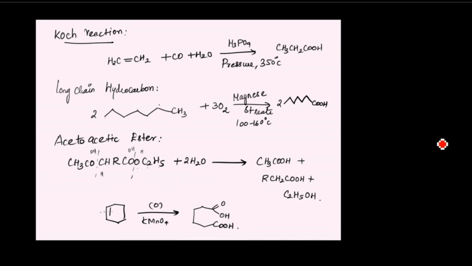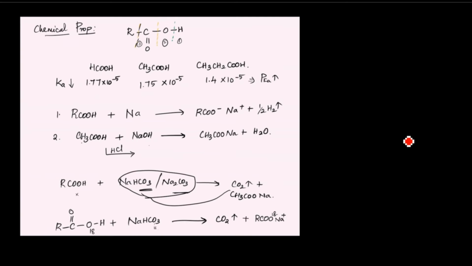Then moving on to the next reaction, again alkene is giving us a carboxylic acid group. This reaction we already saw in the hydrocarbons part, the oxidation happens with potassium permanganate. This is a syn attack. Then the chemical properties of carboxylic acid.